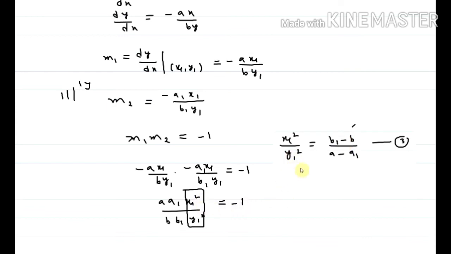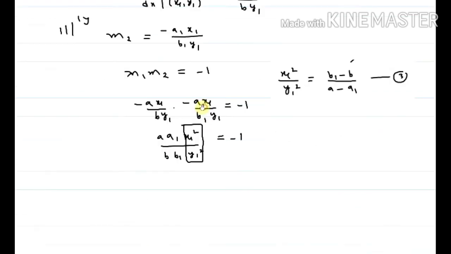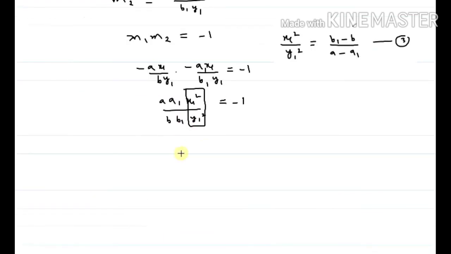So substitute x1 square by y1 square is equal to this. So what I get is a a1 divided by b b1 into (b1 minus b) by (a minus a1) is equal to minus 1.